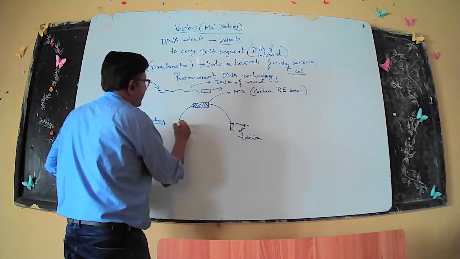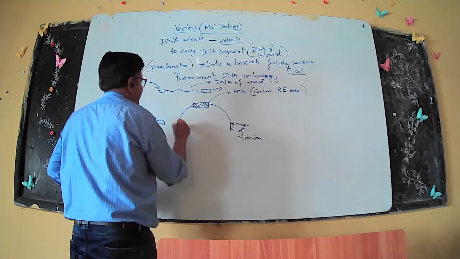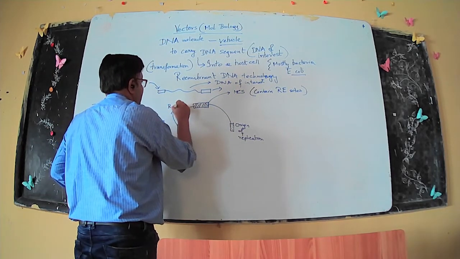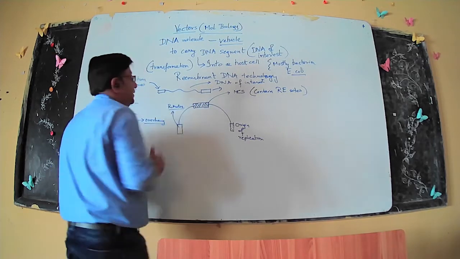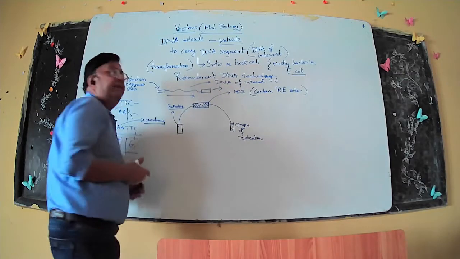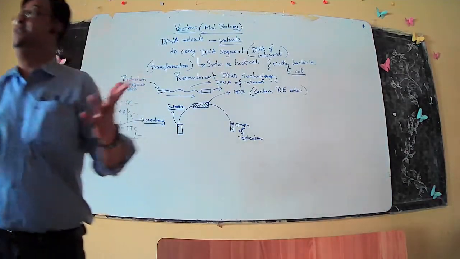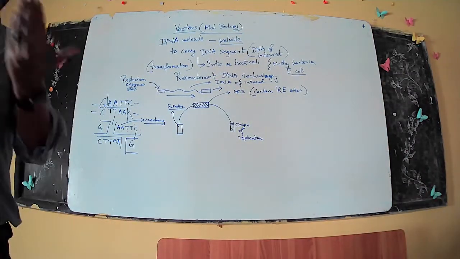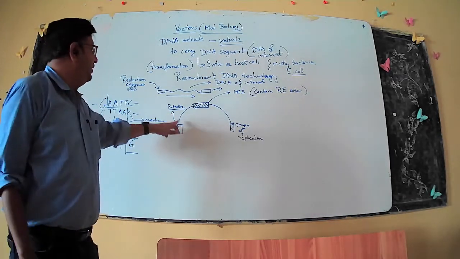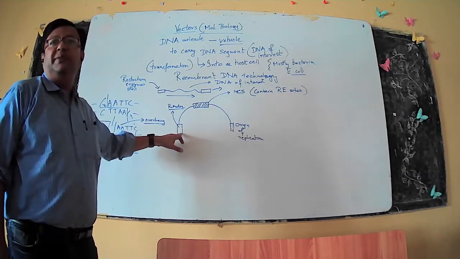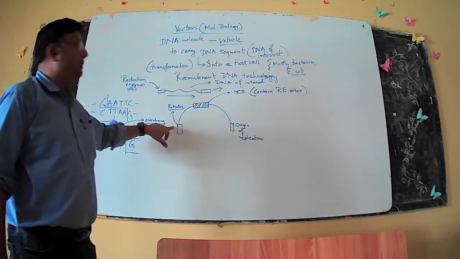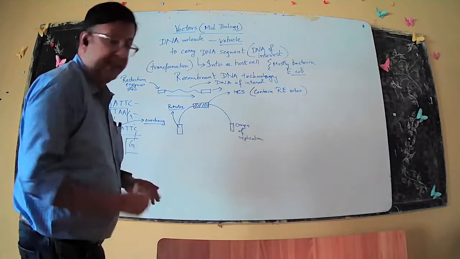A promoter region is there in many places. Just in case you want to transcribe and translate this DNA, say an insulin gene, and make that protein, it has to be under the control of a promoter, which is ahead, upstream. So you keep a promoter sequence over there.